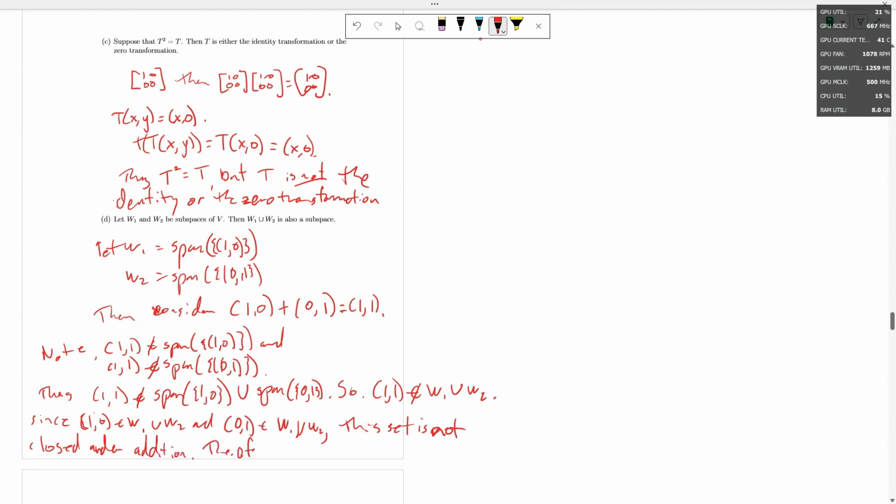Therefore, it is not a vector space or a subspace.